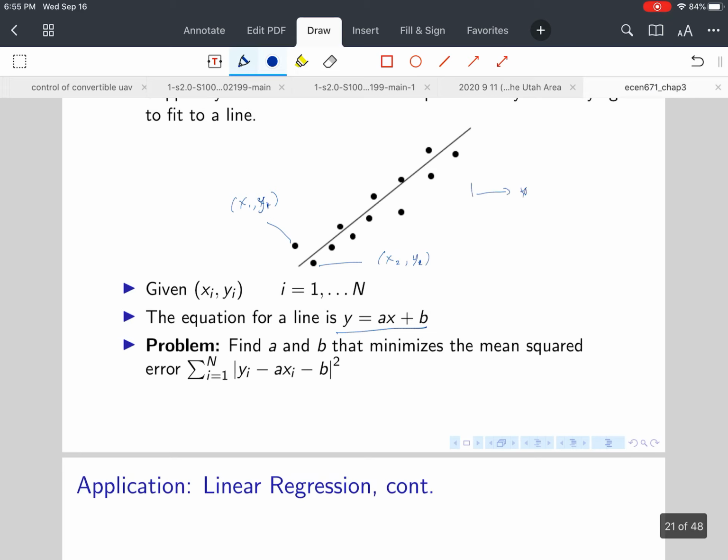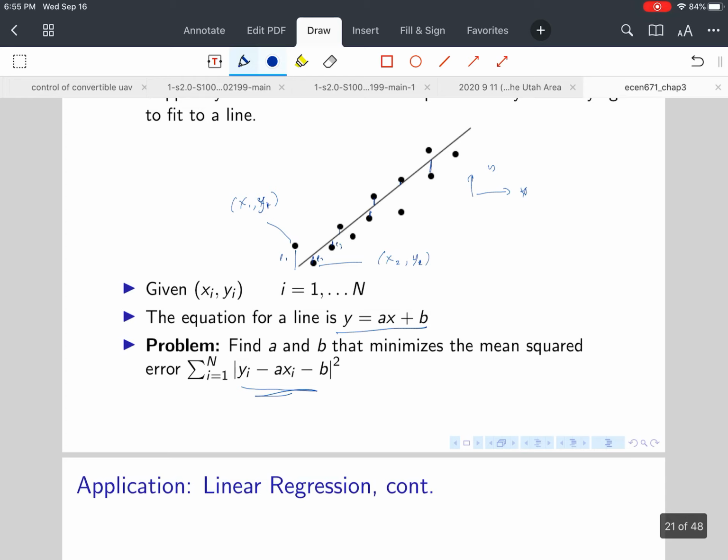minimizes the squared error? So if this is x and this is y, you'd take all of these little errors. This would be E1, E2, because the error is the difference in the y component.